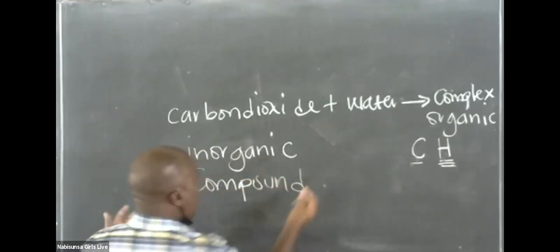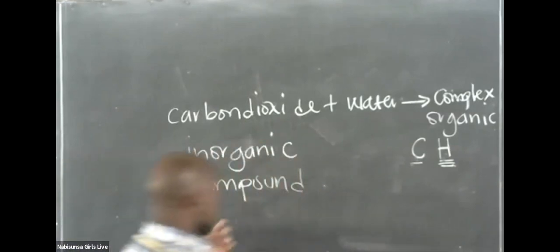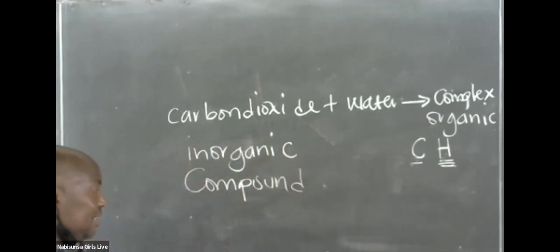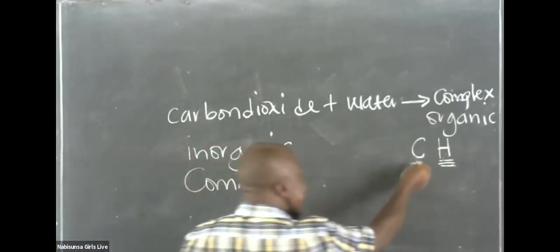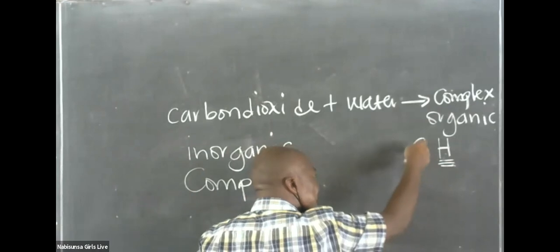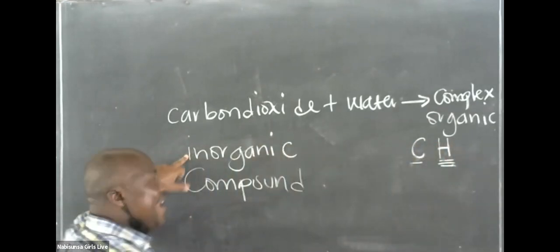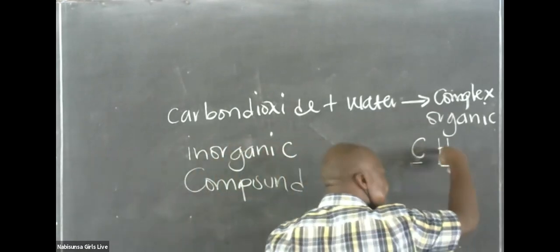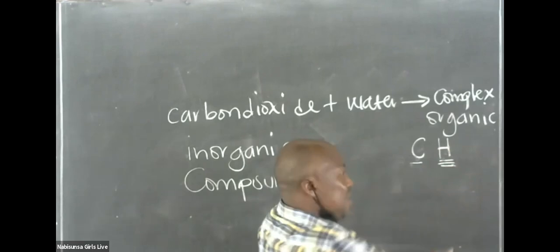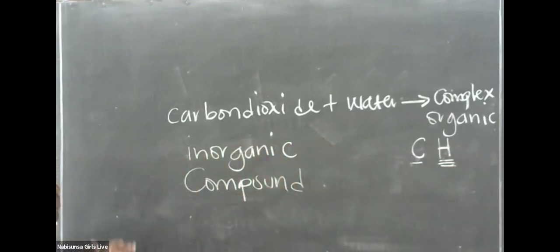Any compound which is not made up of carbon and hydrogen becomes inorganic. Any compound which is made up of carbon and hydrogen, in addition to the other elements, becomes organic in nature.